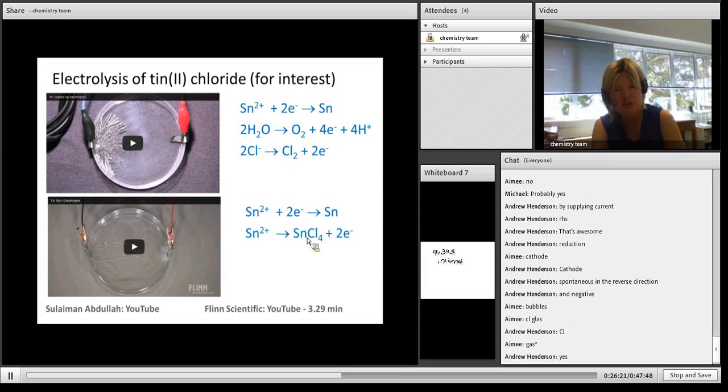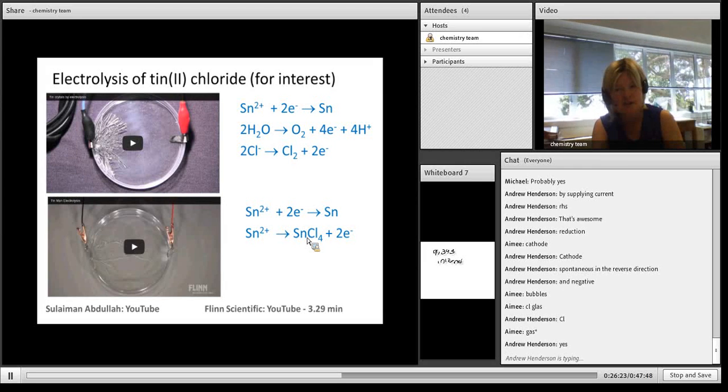Does anybody want to have a go with oxidation numbers? It's +4, because remember the chloride is a simple ion, so it's -1, and there's 4 of them. So if this is -4 in total for the chloride, the tin has to be a +4.